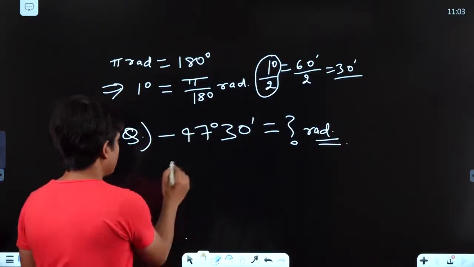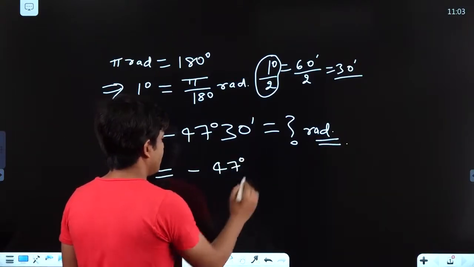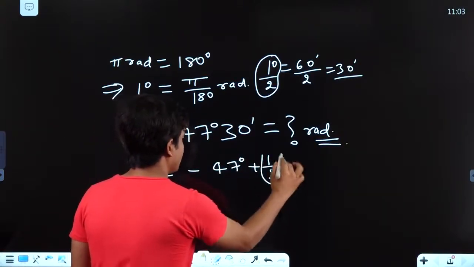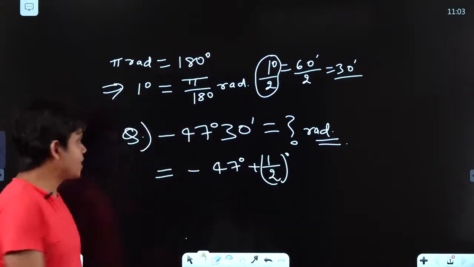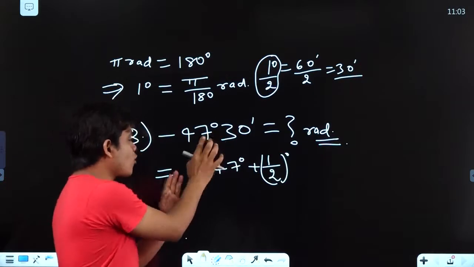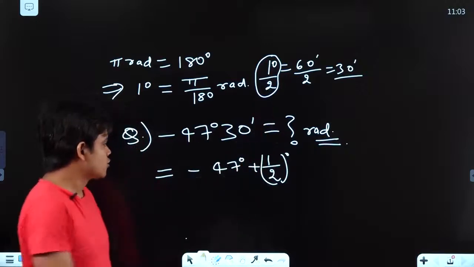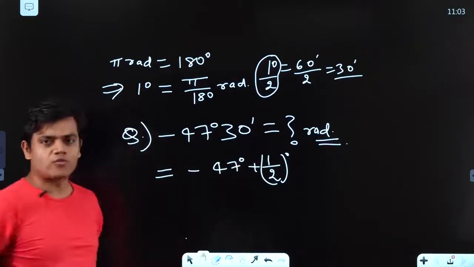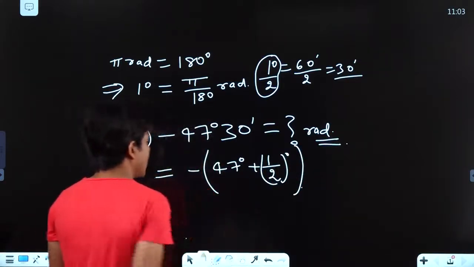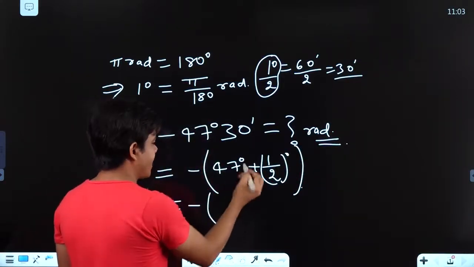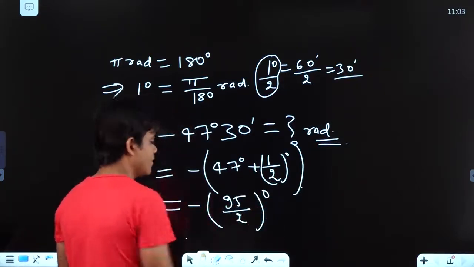And therefore we write minus 47 degrees plus half a degree. We can write plus over here because 30 minutes is equal to half a degree. So if we add this half degree into minus 47, then we are done. Now it will be minus 95 by 2 degrees.